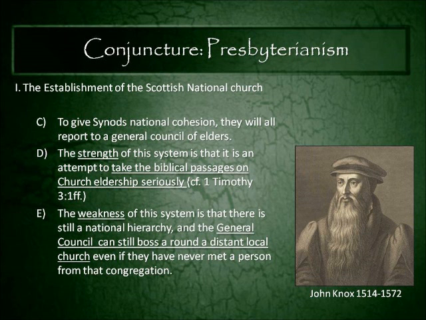Now, there's also an inherent weakness of this system, and that is it's still a national hierarchy. This general council can, and indeed they will, boss around local churches that are distant from the governing body, which means that even if the elders on the General Assembly have never met a person from a church, say in Ireland or in Philadelphia, they can still make policy so that it affects this distant church.